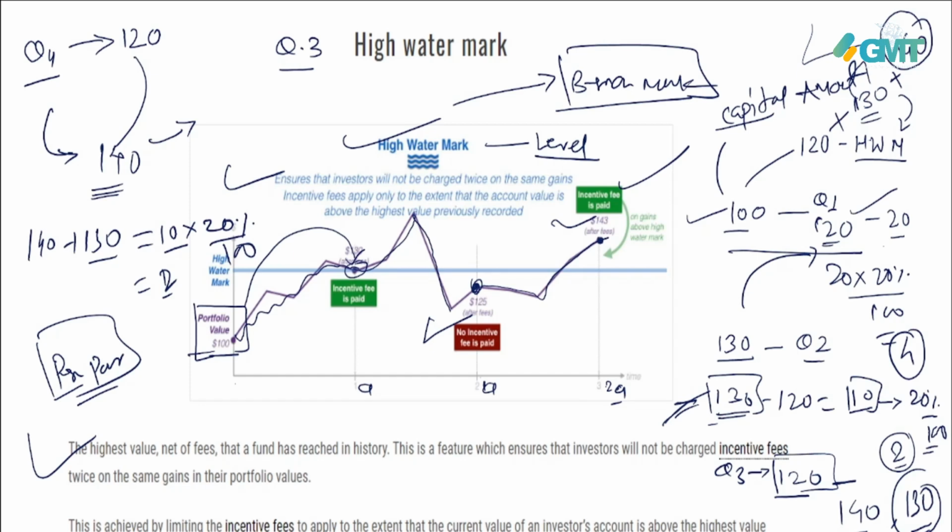Request the panel or ask for permission: can you please allow me to write something on paper if you see any question on high water mark, and then draw this example and explain it. I know this one would be a bit difficult to explain theoretically, but if you put it in an example, you can explain it very easily. It's your call, but I would request you to please carry pen and paper and write it down. Then it would be very easy to understand even for someone else who has asked the question, and easy for you to explain it.